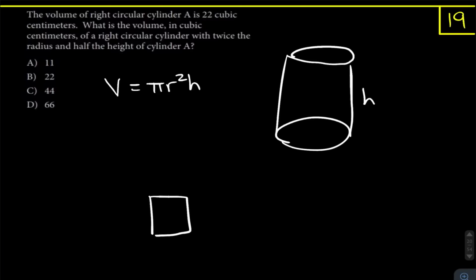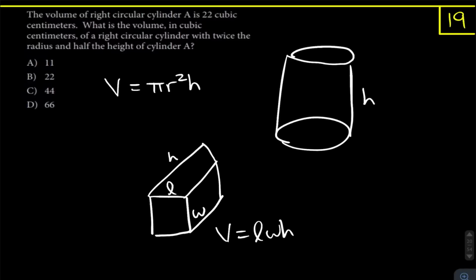For instance, the area of a rectangle is going to be length times width, and then you extend it to form a rectangular prism. Okay, bad drawing. But you extend it by some h, right? And then your volume is length times width times height. So you just multiply by that height at the end. It's the same thing here. The area of your circle is pi r squared, and then you multiply by the h.